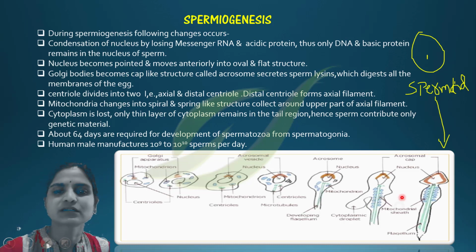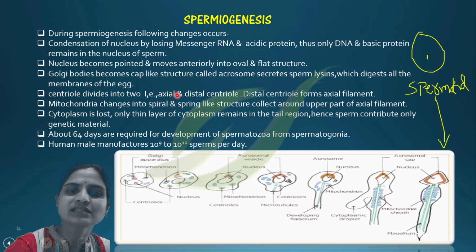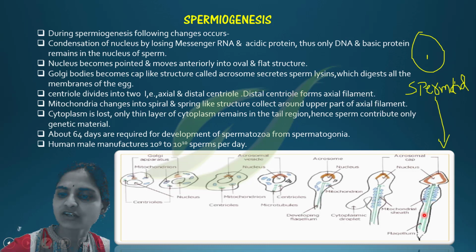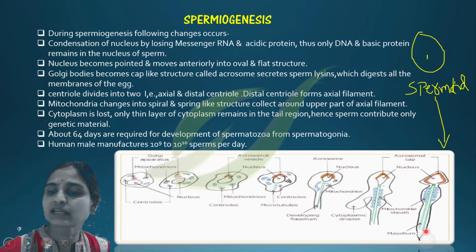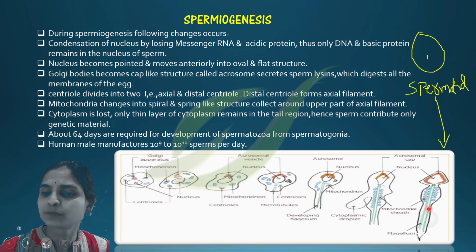One will be present as the axial centriole and another is called the distal centriole. This distal centriole will form the axial filament. We can find here the axial filament. We will study the exact functions of this axial filament and the centrioles in the structure of the sperm. So this is an axial filament which is formed by the distal centriole.